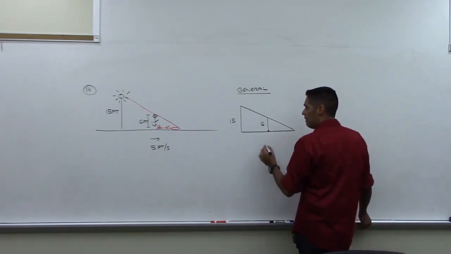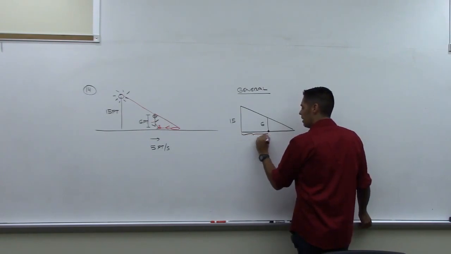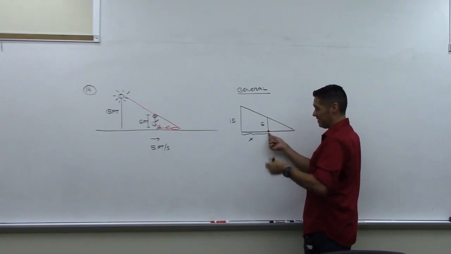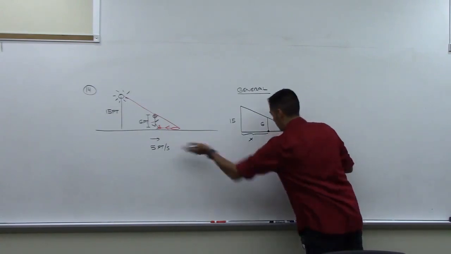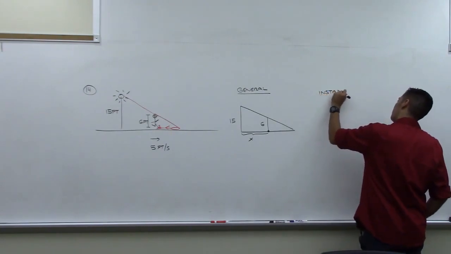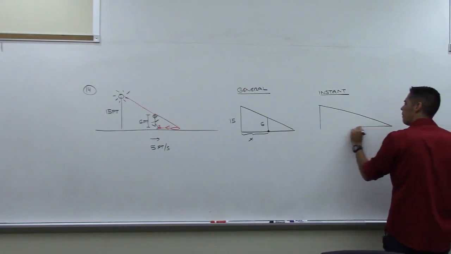We can say, since this point is moving that way, let's call the distance from here to here x. And so this point is moving with the speed dx/dt of 5 feet per second. Now the instant in time that we're talking about, we have the same picture.